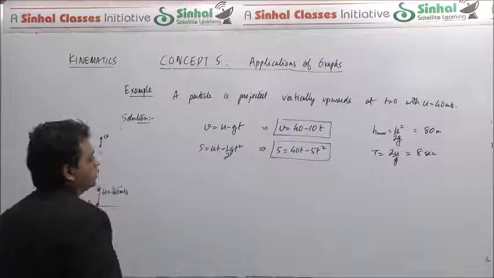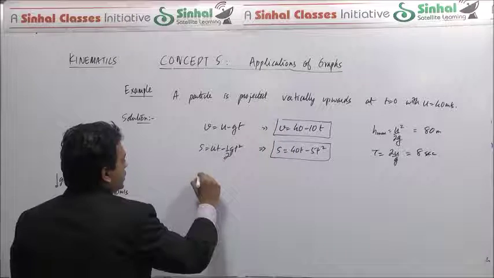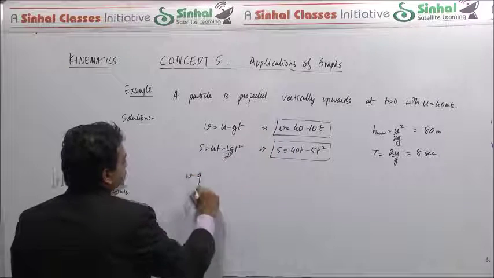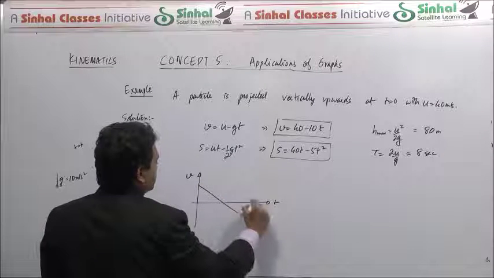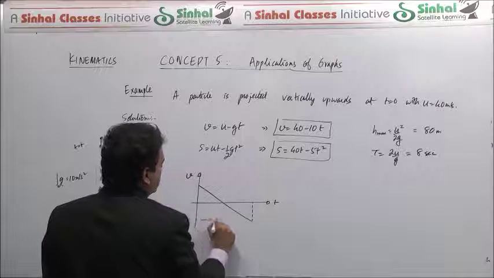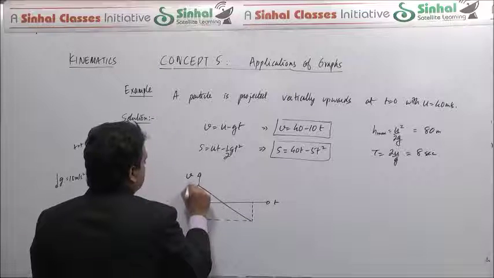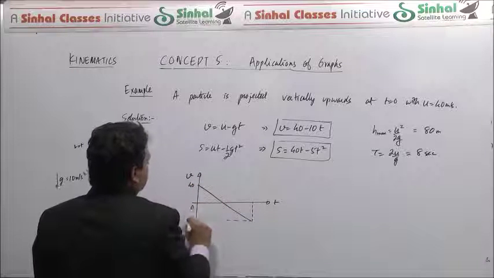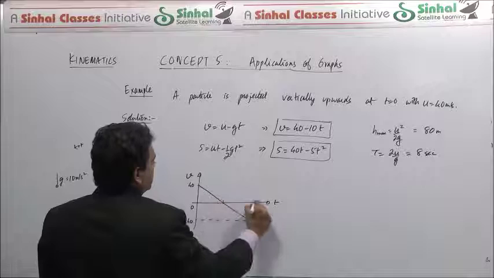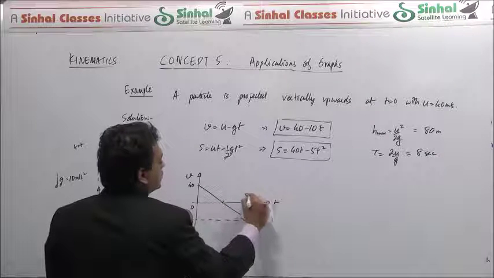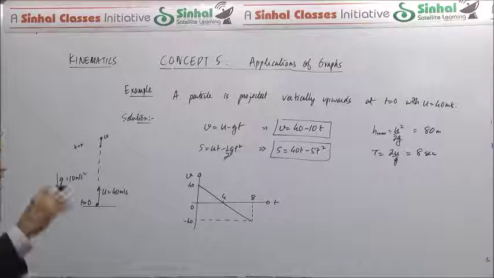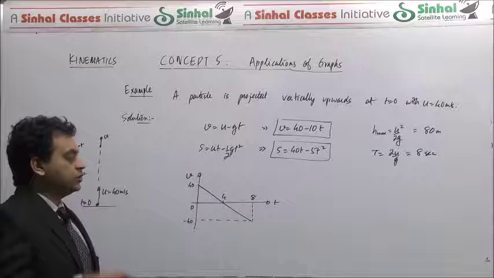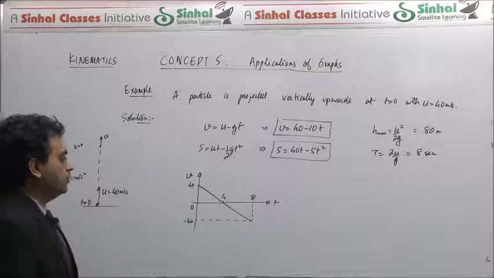So from this information we can see that plotting the first graph, velocity versus time, this will be 8 seconds, and the instant when the velocity is 0 at the highest point, the time will be the half of the total time of flight, so that will be 4 seconds.